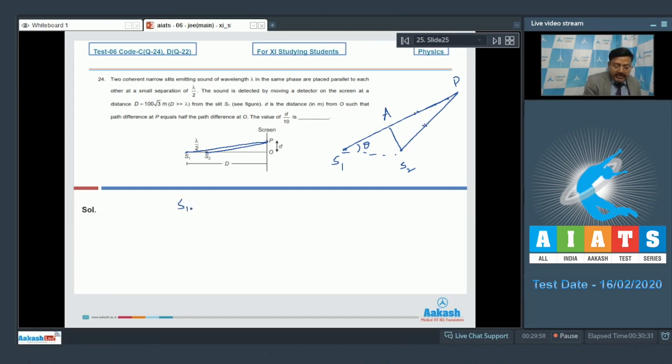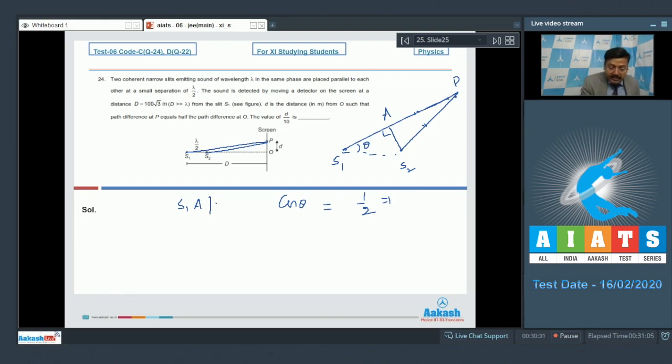So we have to find S1A, and we can see that the value of S1A in fact is given to be half of S1S2. So S1S2 is lambda by 2 and S1A is lambda by 4. In this right angle triangle cos theta is equal to 1 by 2, and that means we can take theta as pi by 3.